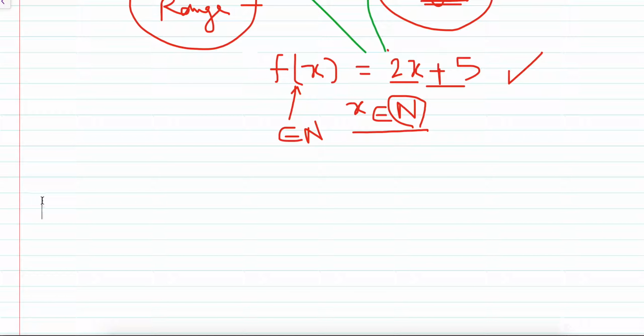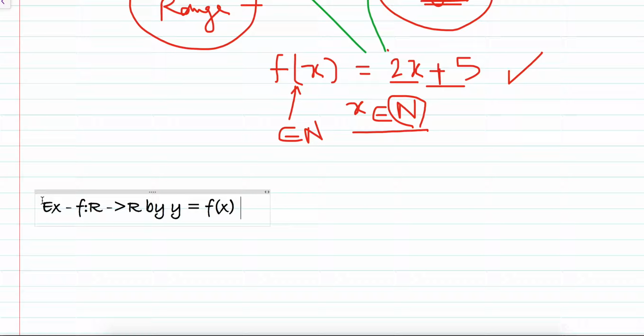Now we will take some examples of functions. A function f is defined from real numbers to real numbers by y = f(x) = x squared.